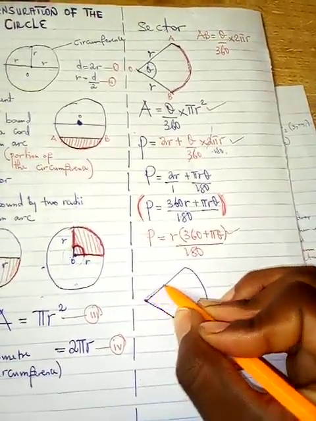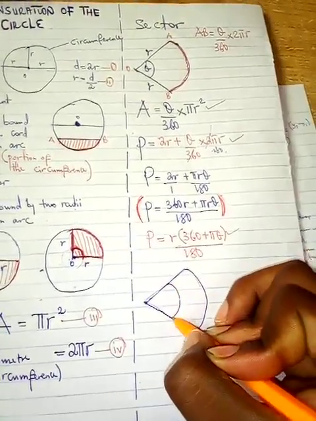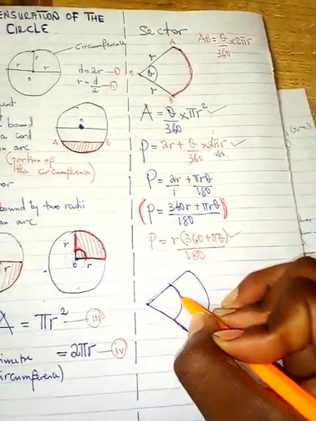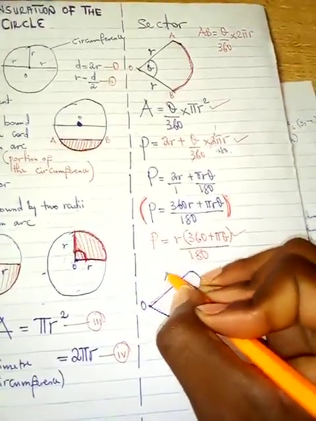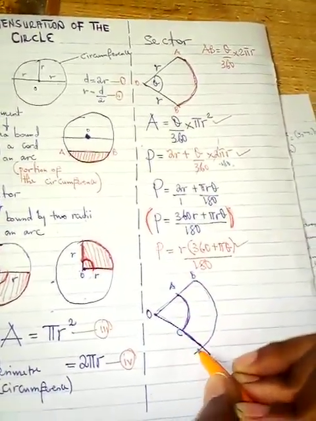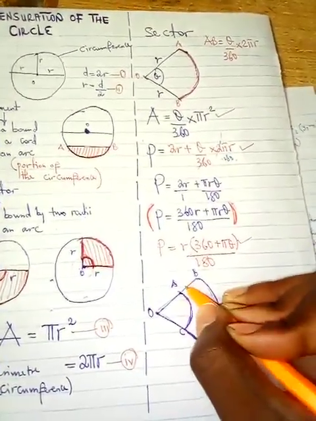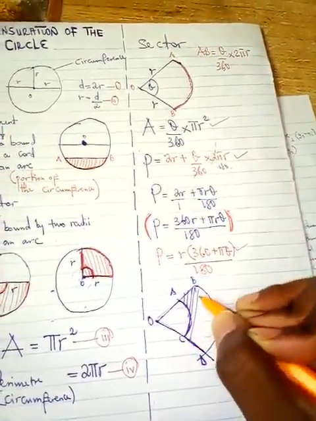We put it in this way. And then you can be given another sector in a sector. Maybe this is your O, your A, your B, your C, and your D. And then a question can be given for you to determine the area of the shaded region.